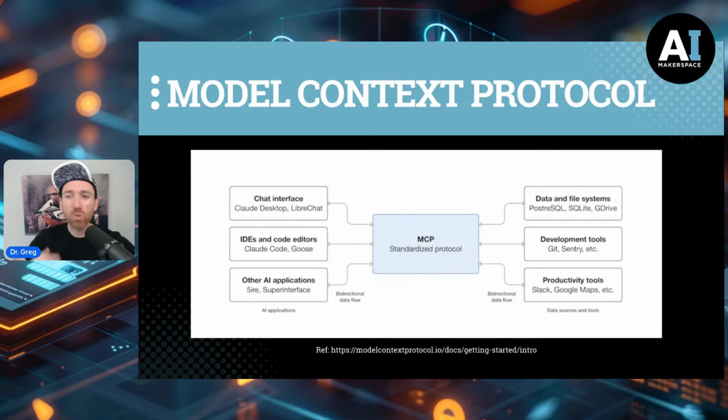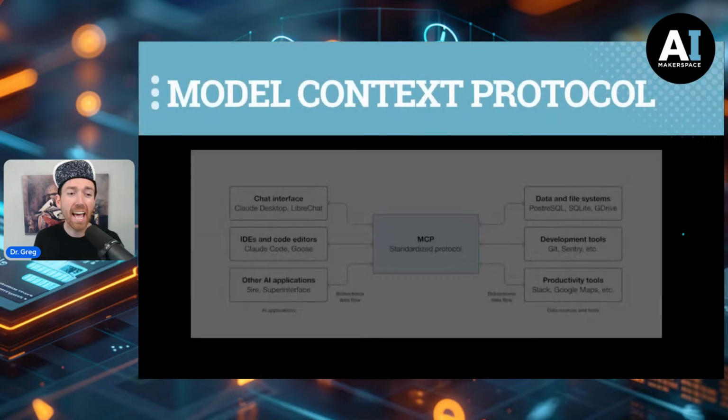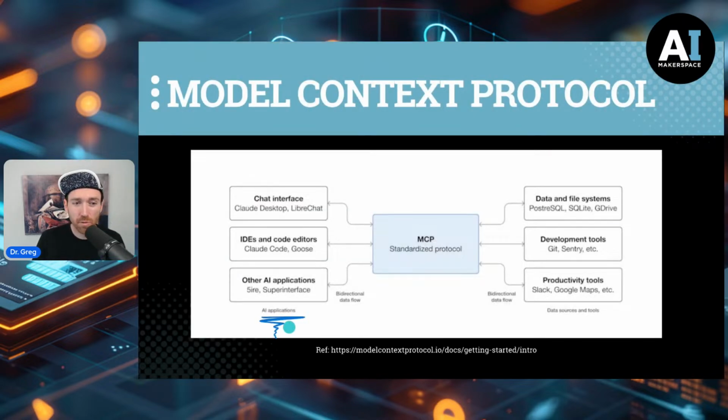It's an open source standard, it's a protocol, it's a set of rules, yes. But what is it for? It's for connecting AI applications like Claude Desktop, Claude Code, to data sources and tools like Google Drive, like Slack.